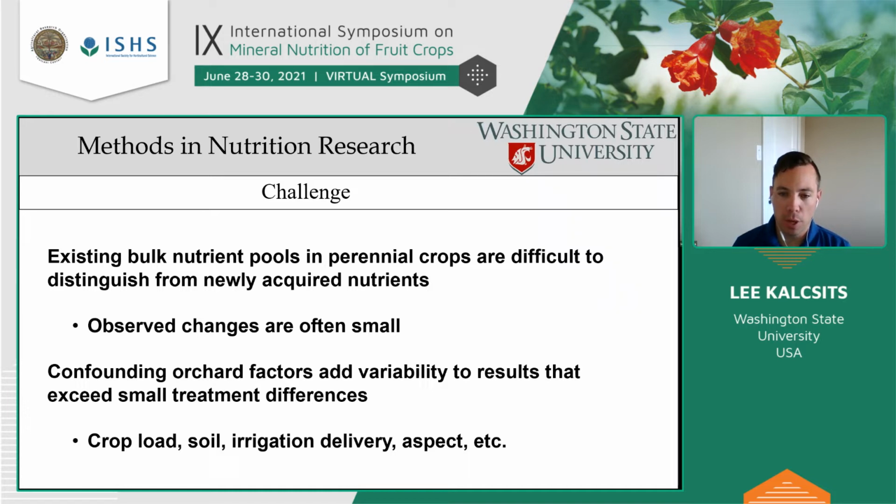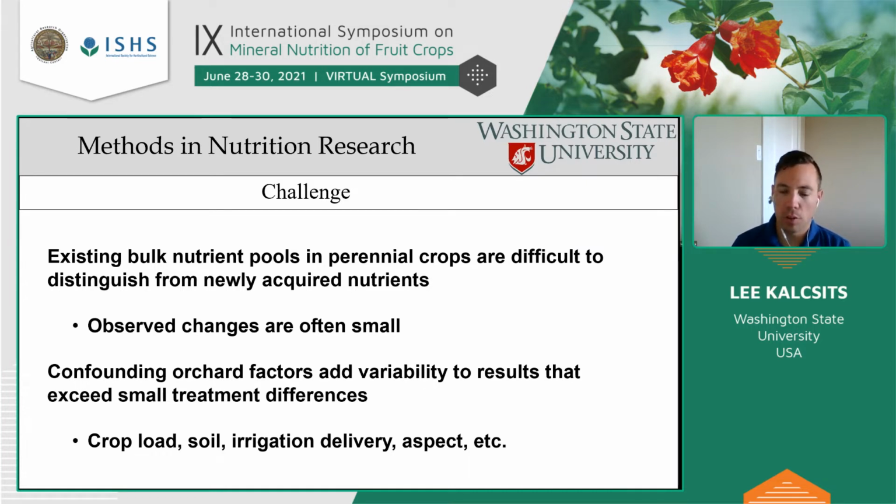So when you do an experiment looking at dose responses, or looking at uptake, or looking at a new strategy for managing nutrients, the observed changes between treatments are often very small. And to add on to that, there's confounding orchard factors that add variability to your results that exceed these small differences. So very often there's variability in our replicates among trees that add variability to the results we see.